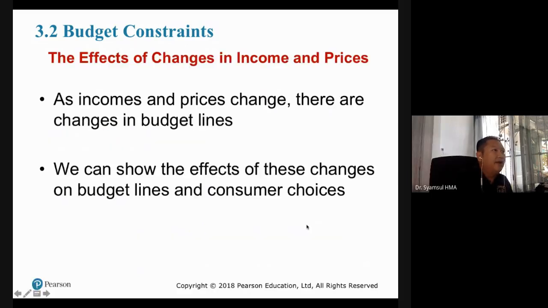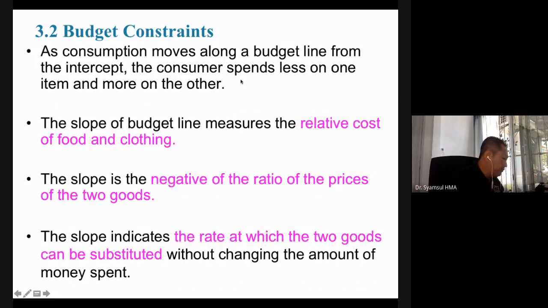Okay. All right. This budget line looks like this, right? Can this line change position? What do you think?